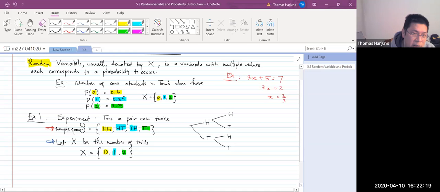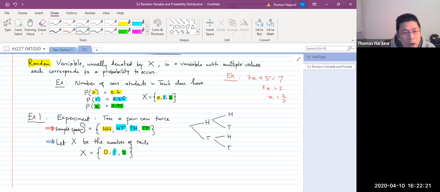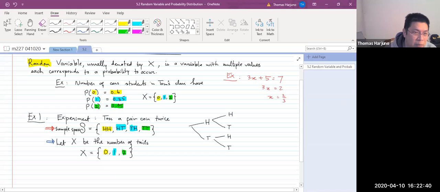So sample space and random variable are not necessarily the same. And the random variable is usually decided, most of the time, I can say for your level it's all the time, after we know the experiment, because we need to know the sample space first.